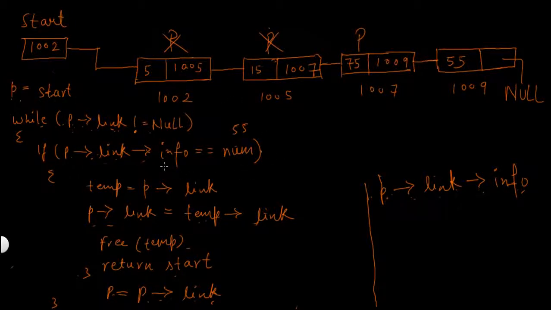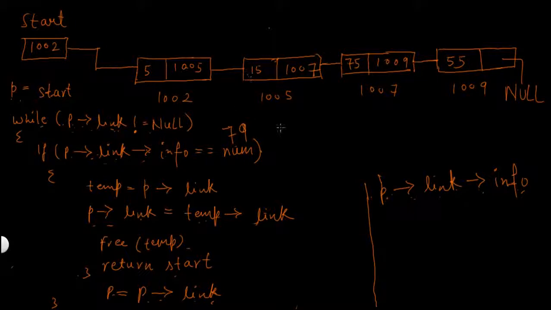This while condition will be true, and this time this if condition will also be true because info part of the next node is also 55. And with the help of this code, this node will be deleted, and temp arrow operator link this time will be equal to null, and null will be assigned to link part of this node. And the link part of the last node should always be null.